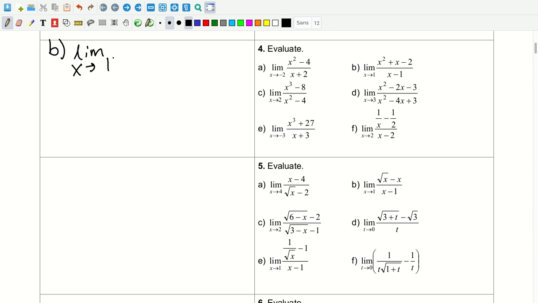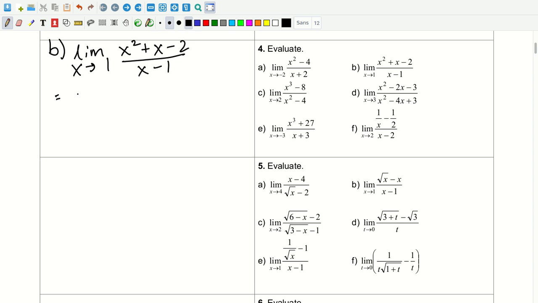We've got the limit as x approaches 1 of x squared plus x minus 2 all over x minus 1. Now, if this is a factoring method, chances are there's going to be a factor of x minus 1 inside the top. Thus, you can cancel, so you get a factor of x minus 1 sticking out of both, and you could just kill them.